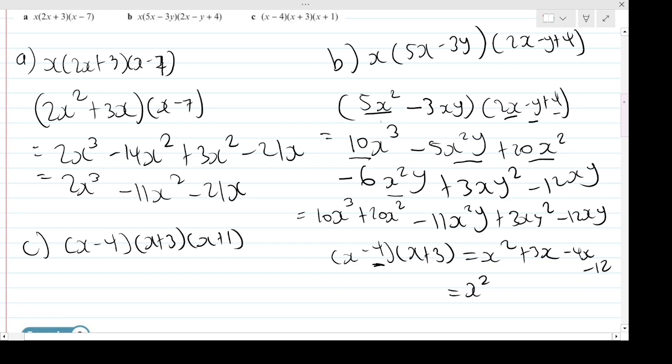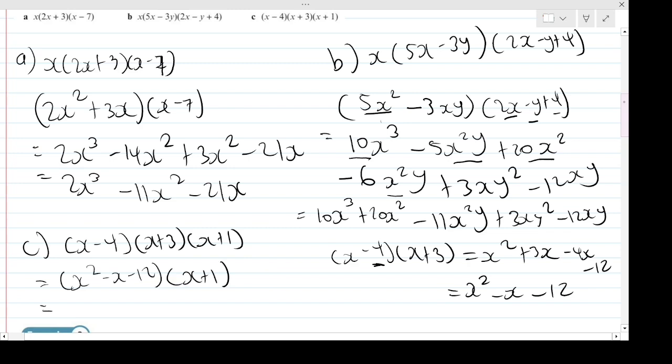So this is x squared firstly, then you have minus x because we have 3x minus 4x, and then minus 12. So we've worked out the first two. So this expansion goes to x squared minus x minus 12, lots of x plus 1.